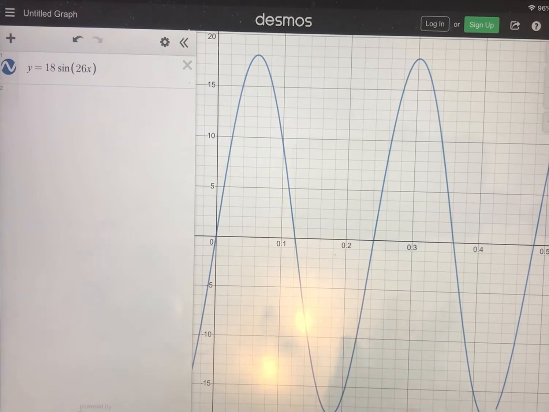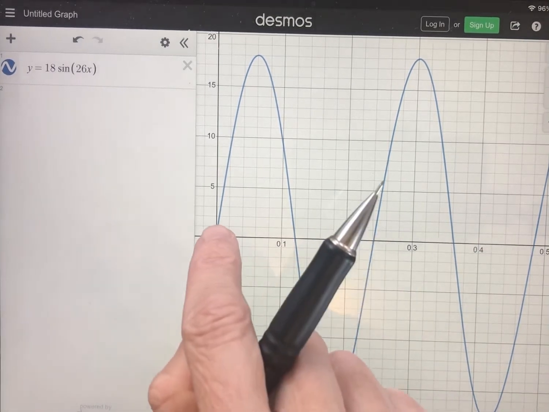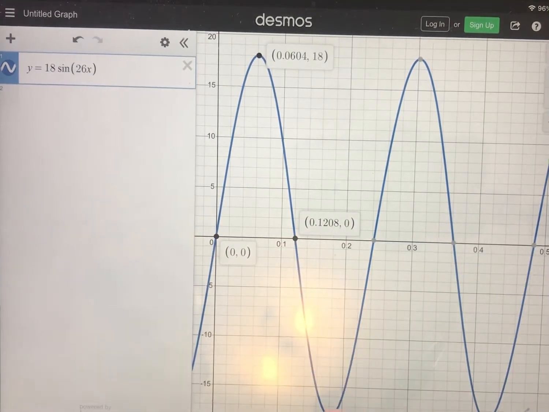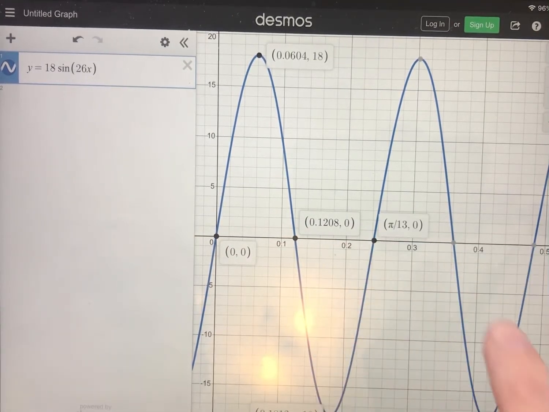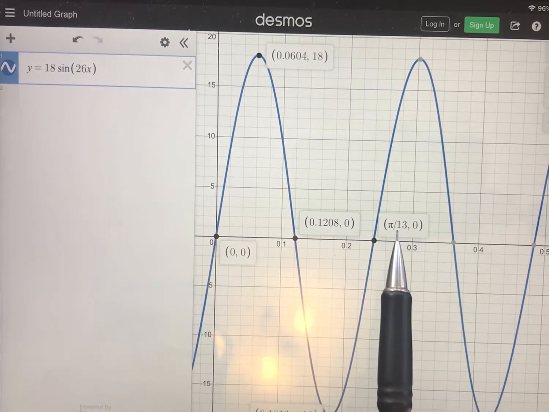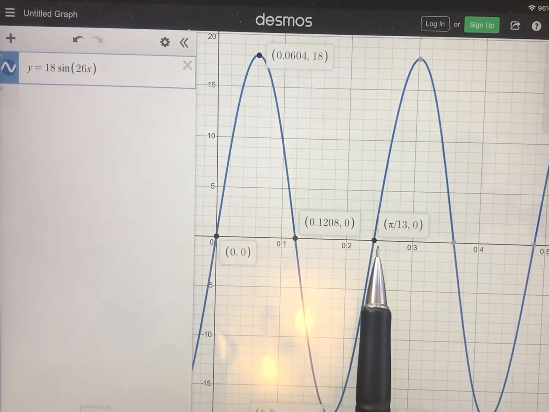Okay, so let me come in just a little bit, and you can see here we are. If we tap our points, we'll see them in radian mode. Those couldn't give you a precise radians value, but there's the pi over 13 for one period.